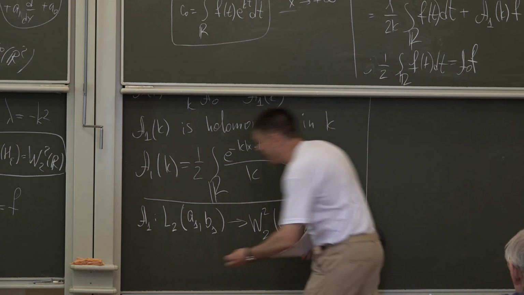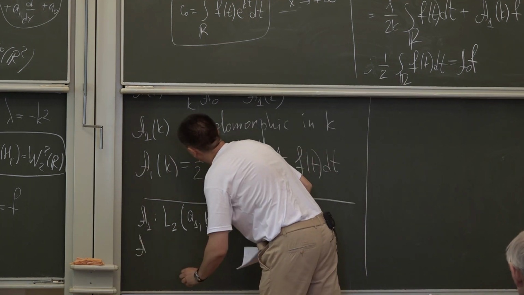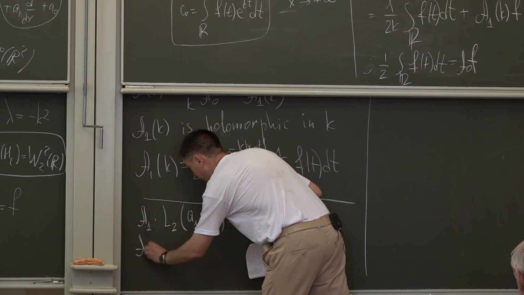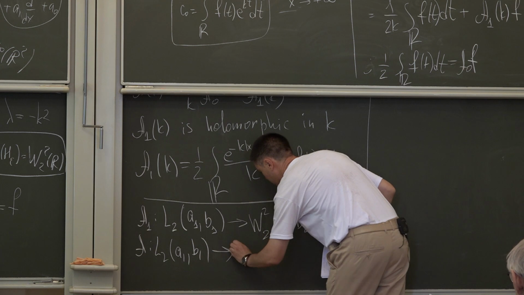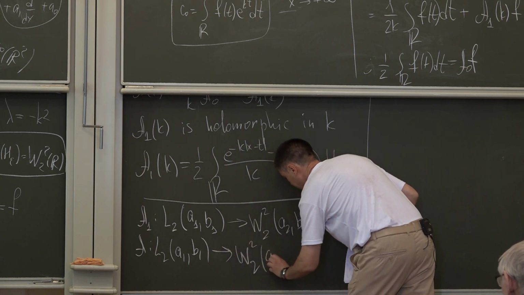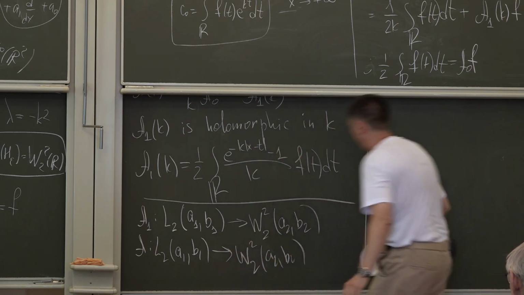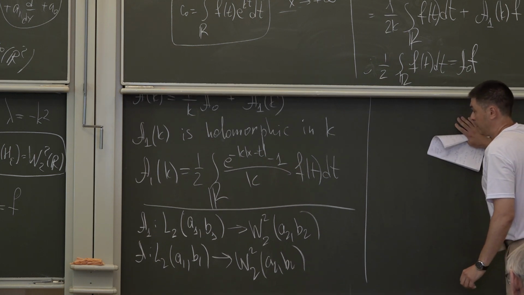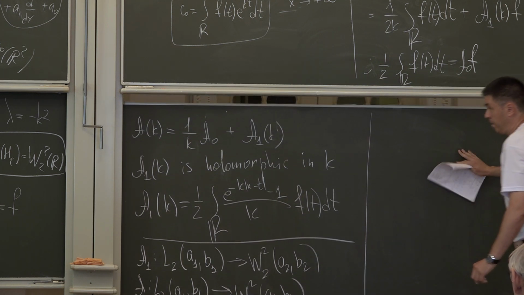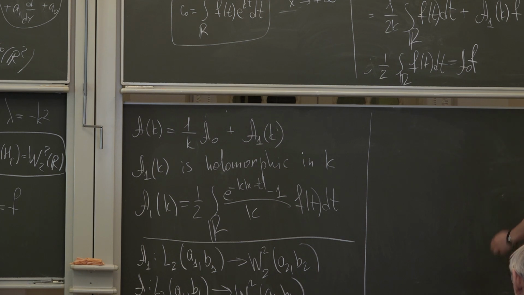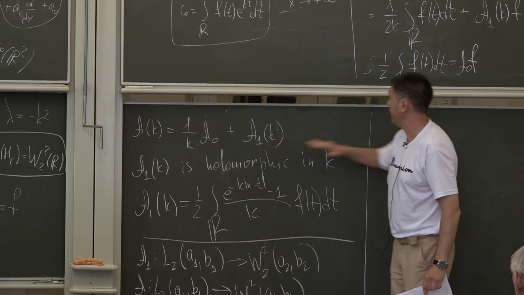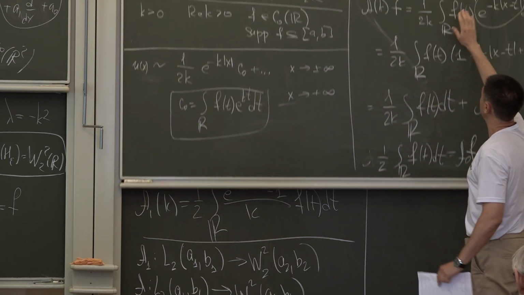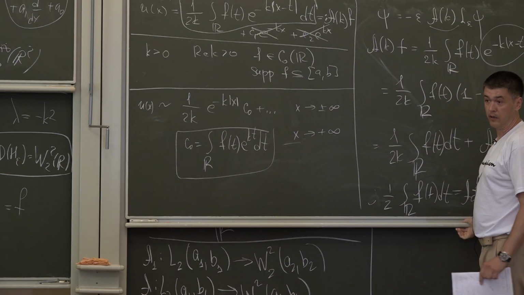And in the same way, we actually regard the operator A of K. So it's also a bounded operator from L2(A1,B1) into W22(A2,B2). Okay, this is very good. And what we do next is that we substitute this expansion into our equation.